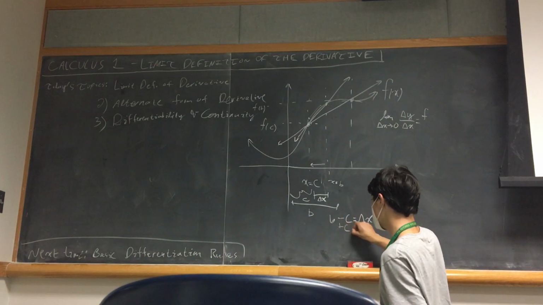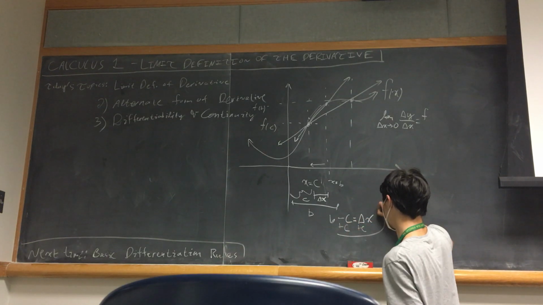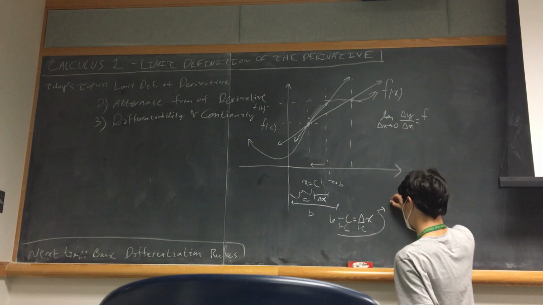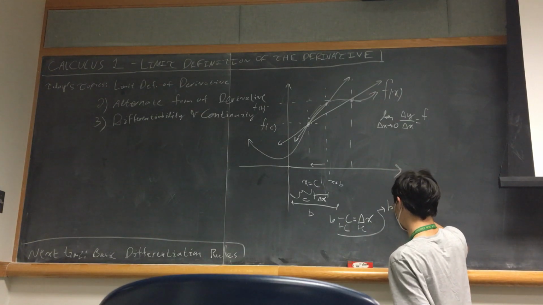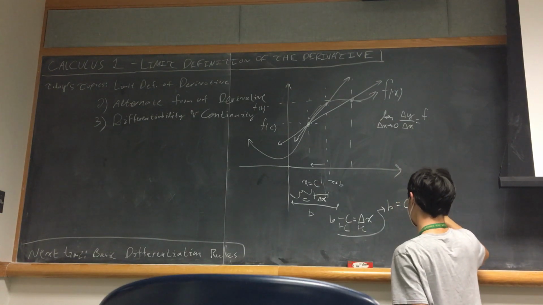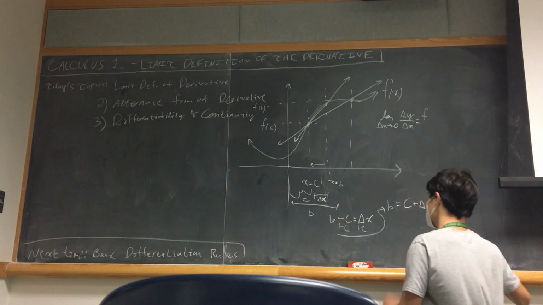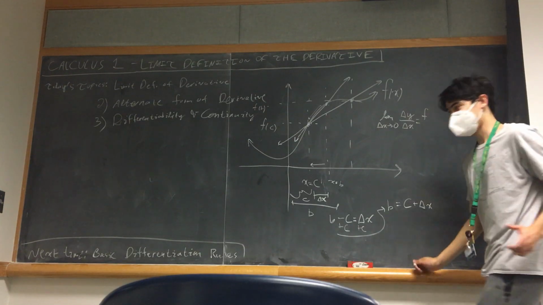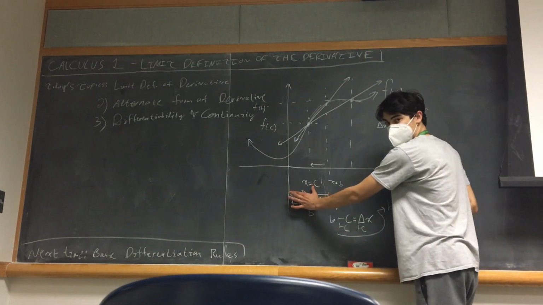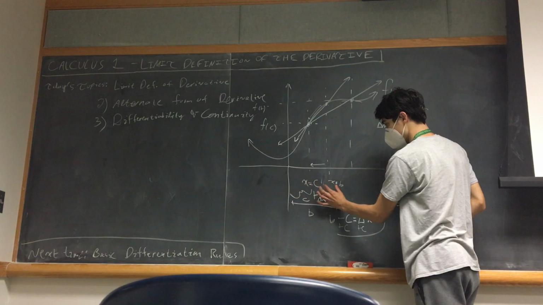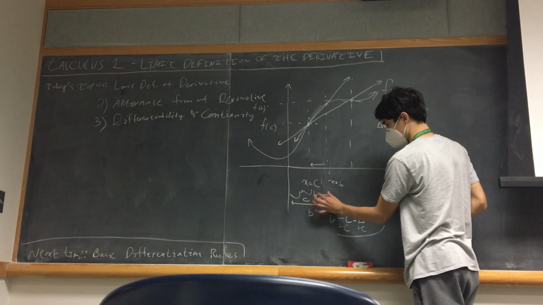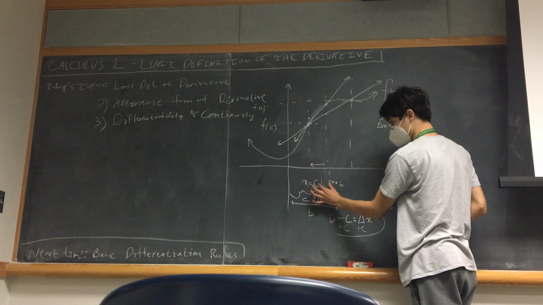So if we add c to each side of this equation, we see that the point b is the point c plus delta x. And this makes sense because we said this here is c units from the x-axis, and then this b here is delta x away from c.